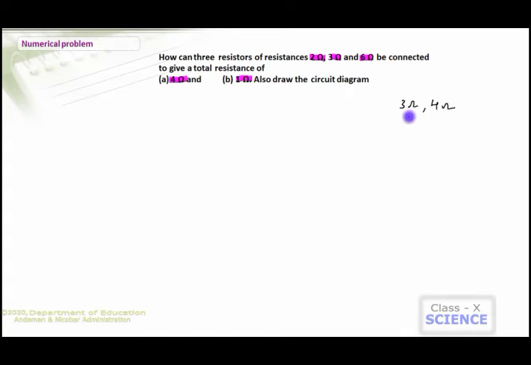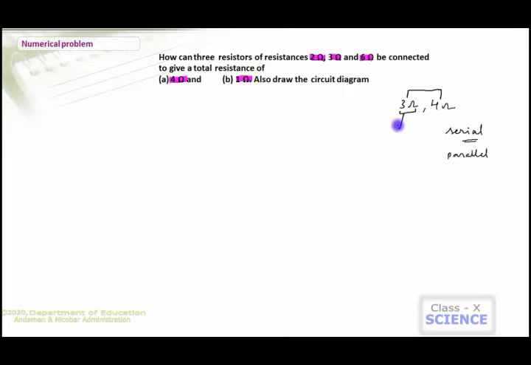If we want to increase the resistance, then we have to combine the resistors serially. So serial combination we have to do. If we want to decrease the total resistance, then we have to combine in parallel fashion. If we combine the available resistors in parallel, then the total resistance of the circuit would be less than that of the resistor having lesser resistance, that is 3.